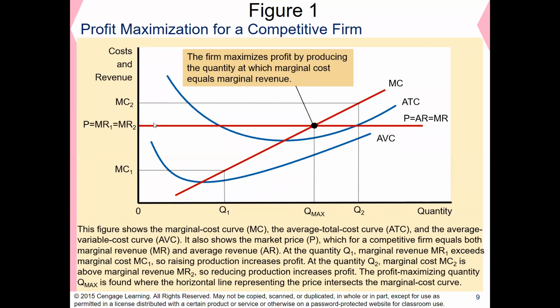If marginal cost is higher than marginal revenue, decreasing the production will increase the profit. The profit maximizing quantity, Qmax, is found where the horizontal line representing the price intersects the marginal cost curve. So this is the point that we're talking about.